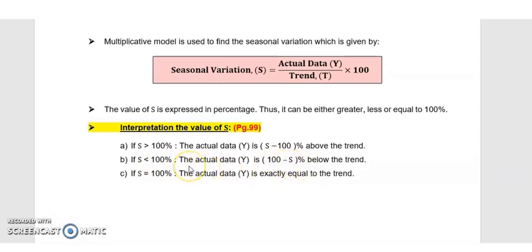We can interpret like this: the actual data is 20% below the trend. Okay, if S is exactly 100%, it means the actual data is exactly equal to the trend, meaning the actual value is equivalent to what we predict. That's why I said before, in real life, it is very hard to get perfect data.